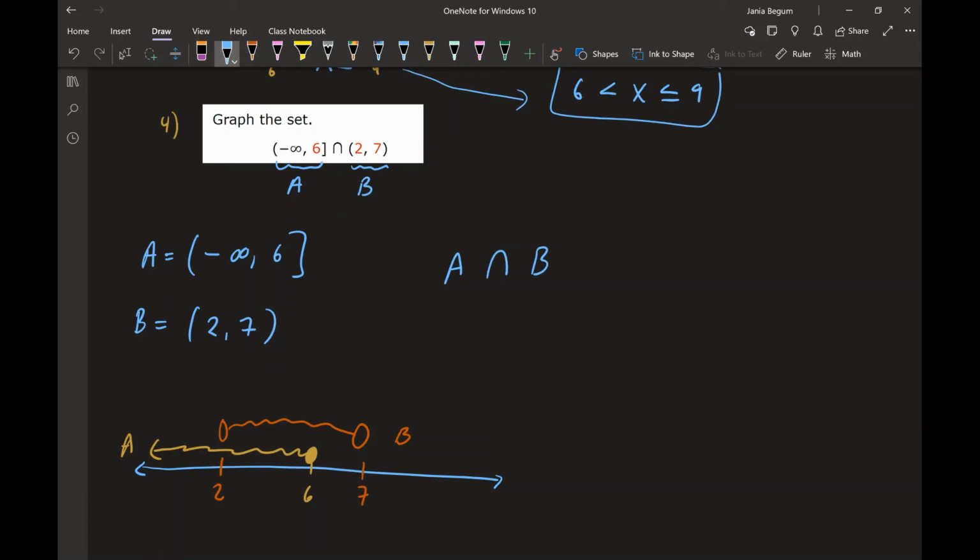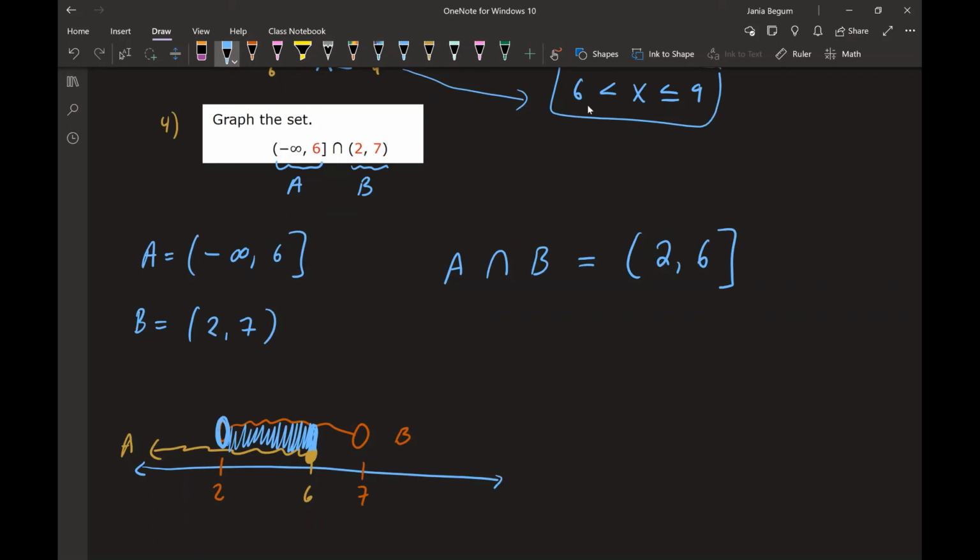Now, where do they intersect? Well, if you look at the picture, they intersect right here. From 2 to 6. So they intersect here, open at 2, and up to 6, closed at 6. So A intersect B is open at 2 all the way to 6, including 6, because 6 is included in both sets.